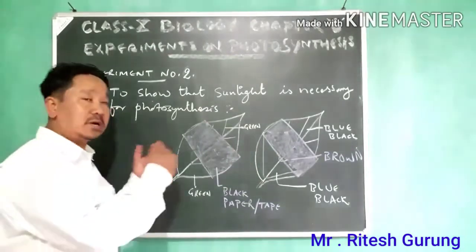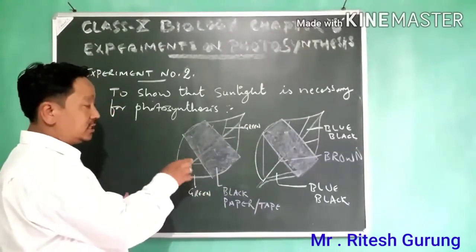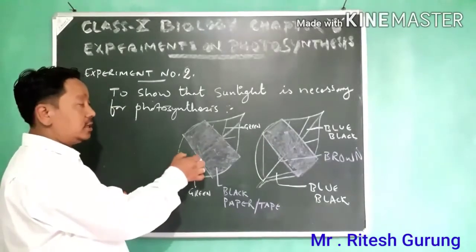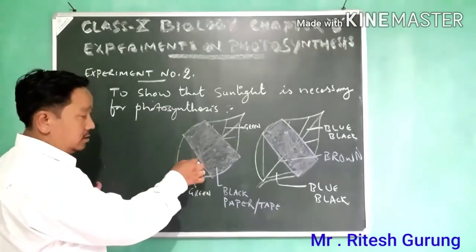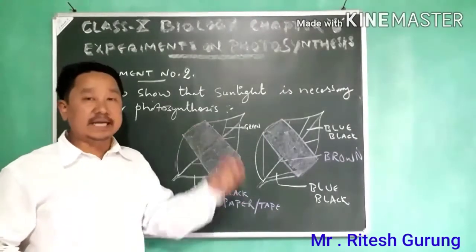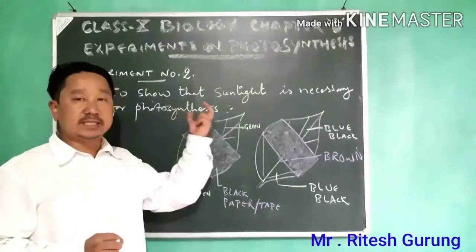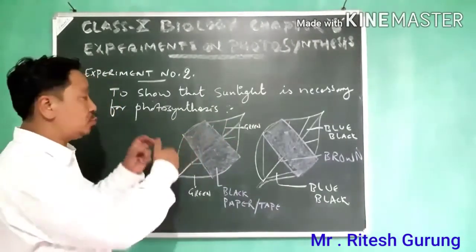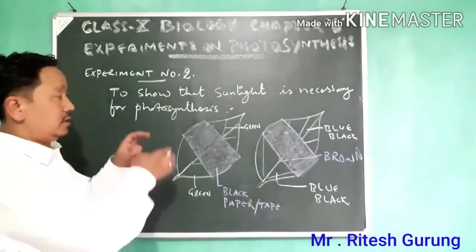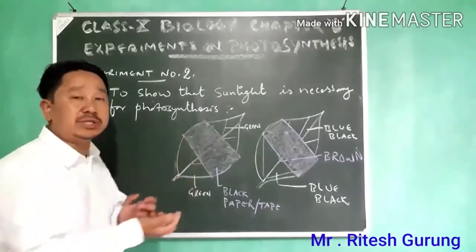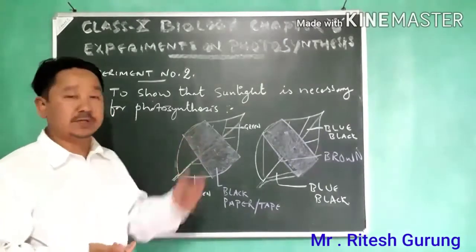After some hours, remove that covered leaf only and take it for the starch test, to see in which portions of the leaf the starch is there, or in which portion there is no starch. Let us take it for the test.